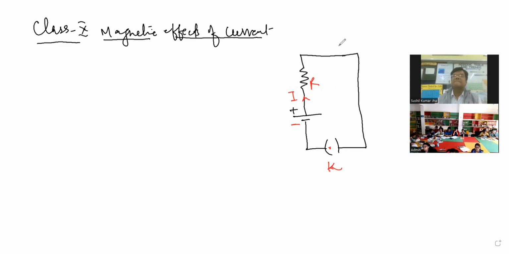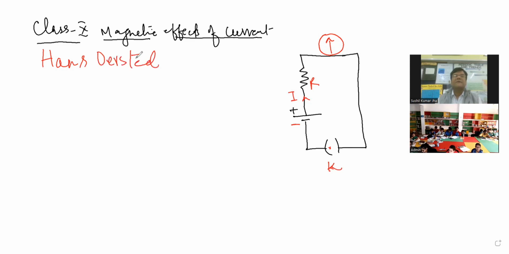Now, what was done? A magnetic compass was placed near it. This magnetic compass is in no way connected with the circuit, just placed very close to it. This arrangement was done by a Danish physicist named Hans Oersted.